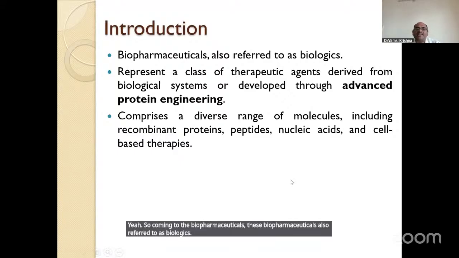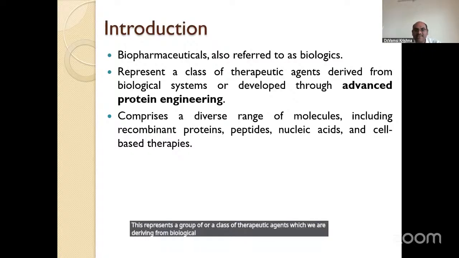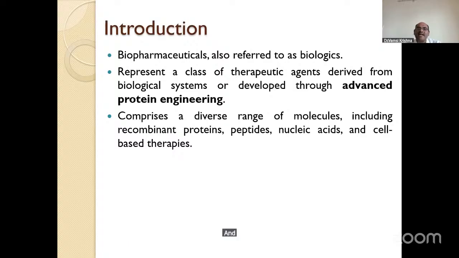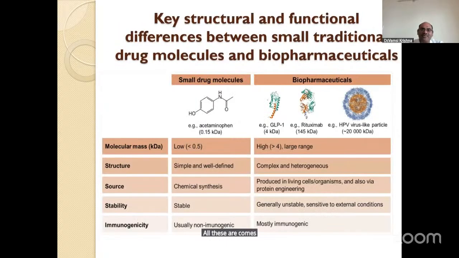These represent a class of therapeutic agents which we derive from biological systems, and these are generally developed through advanced protein engineering. This class comprises a wide range of molecules, including recombinant proteins, oligonucleotides, peptides, nucleic acids, and cell-based therapies. All these come under biopharmaceuticals.